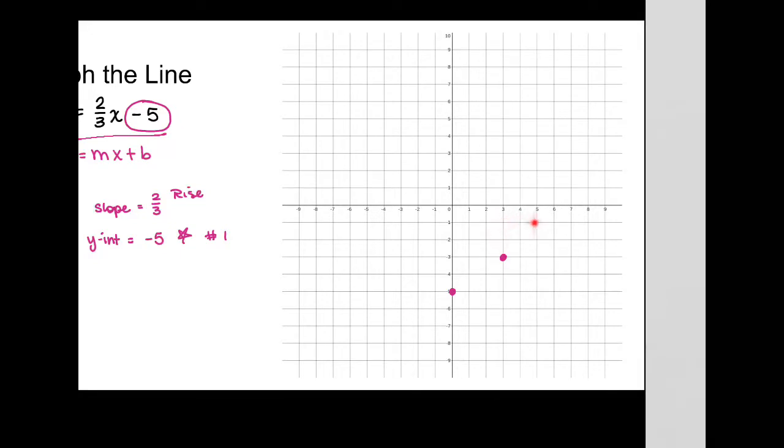So up 2, over 3, up 2, over 3. I alternatively could go the opposite direction. So instead of going up 2, I could go down 2. Instead of going right 3, I could go left 3. Down 2, left 3. And draw a line.